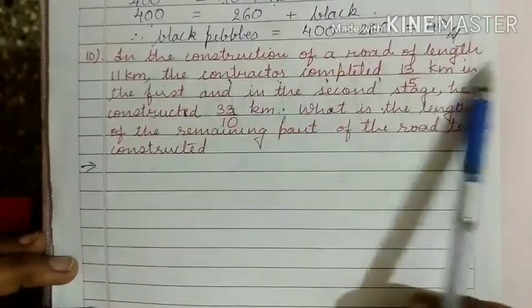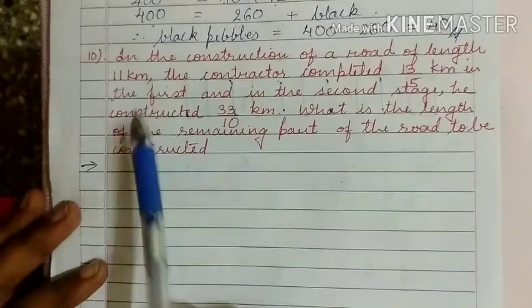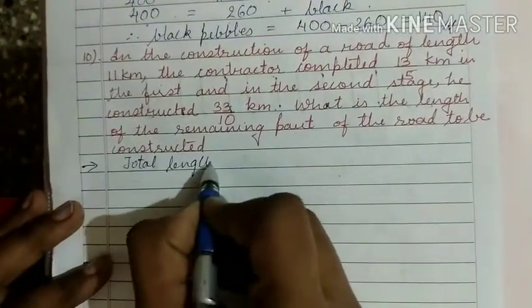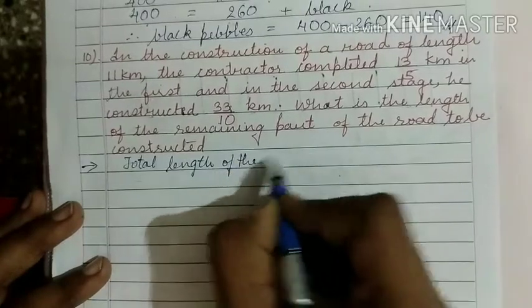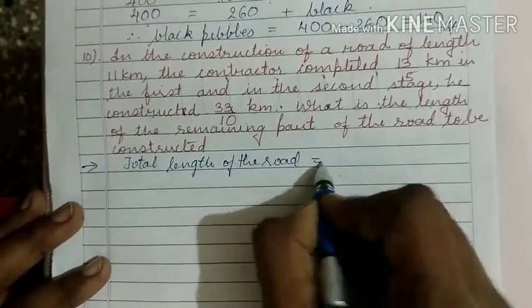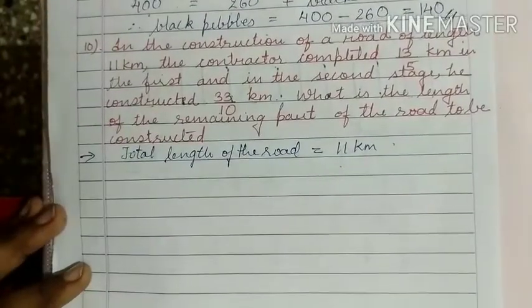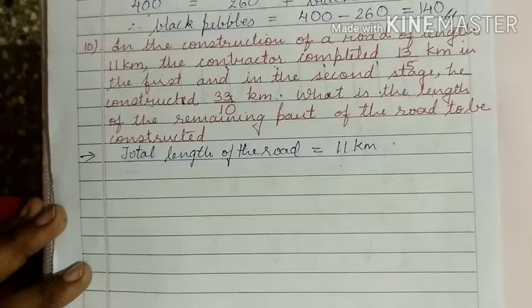In the construction of a road of length 11 km, so the total length of the road is 11 km. Okay. Then the contractor completed 13 by 5 km in the first stage.